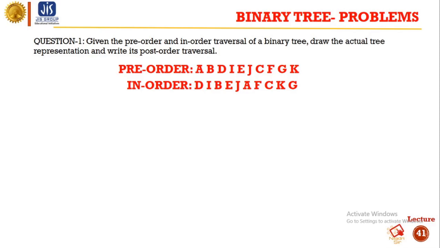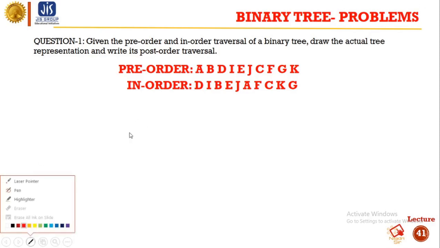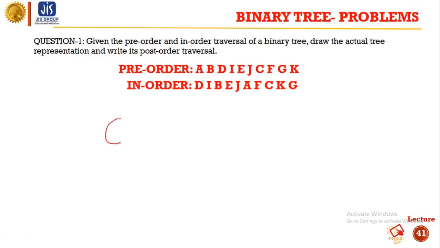So if this is a binary tree, and as we know the binary tree has maximum 2 children, say this is A, this is B and this is C. In pre-order it will be first root, that is A, then left, that is B, and after that the right, that is C.